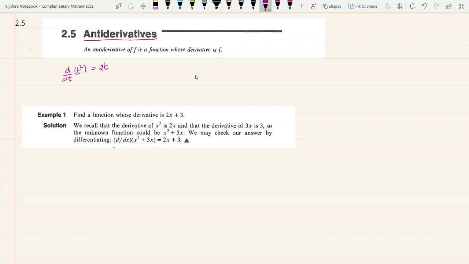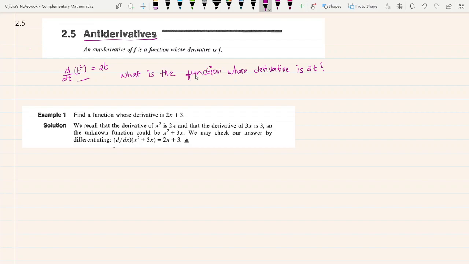So the question here is, what is the function whose derivative is 2t? We know that the derivative d by dt of t square is 2t. Now what is a function whose derivative is 2t? In this case that function is called the antiderivative.